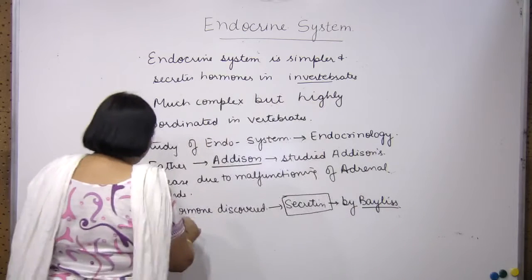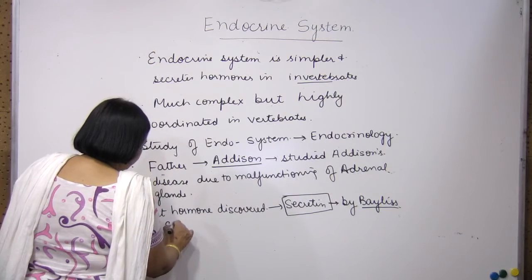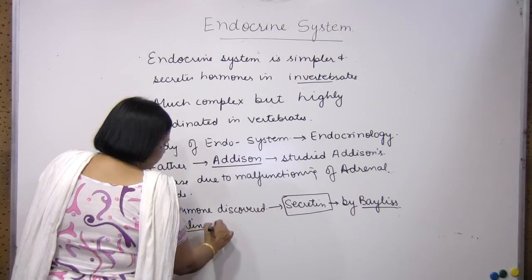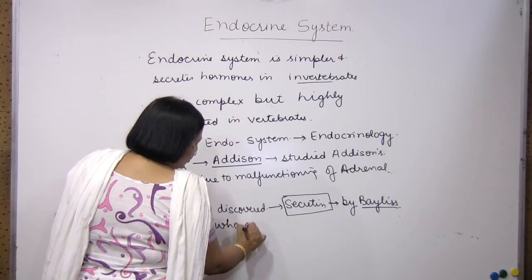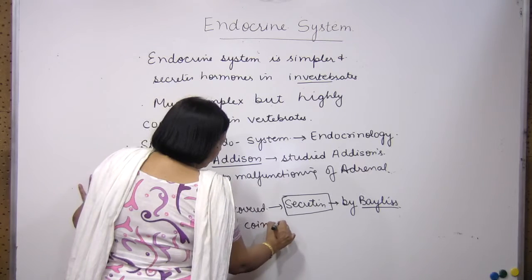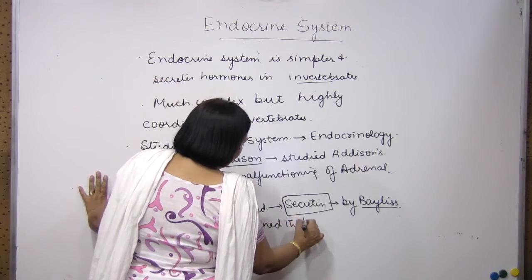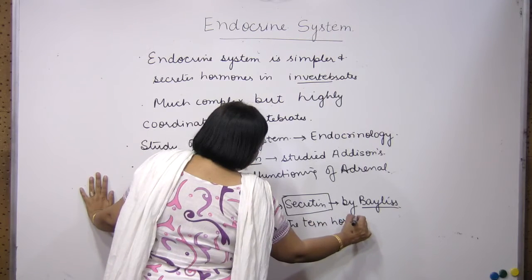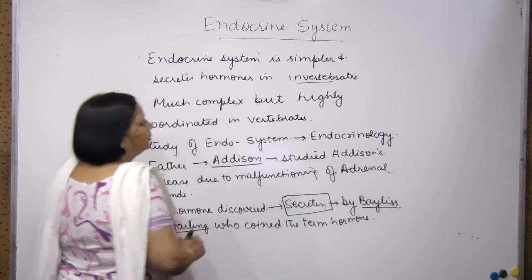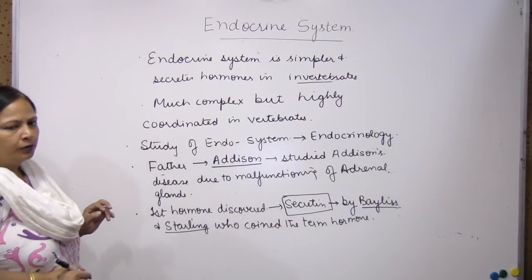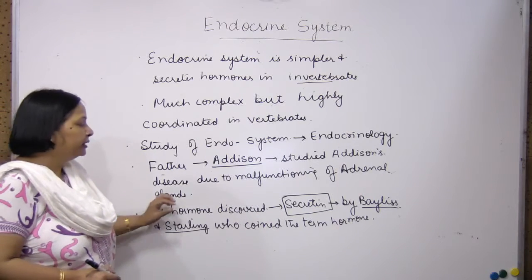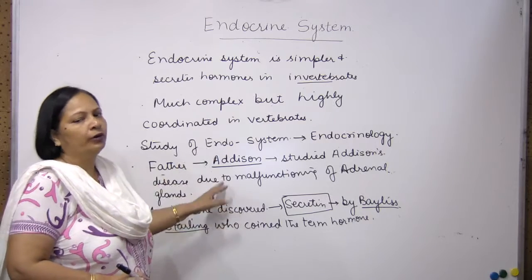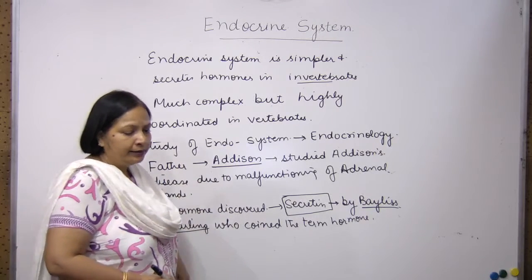These are the names of the scientists who coined the term hormone. They first discovered it and they named it hormone. So, the first hormone was discovered by Bayliss and Starling, and the term hormone was also coined by Bayliss and Starling.